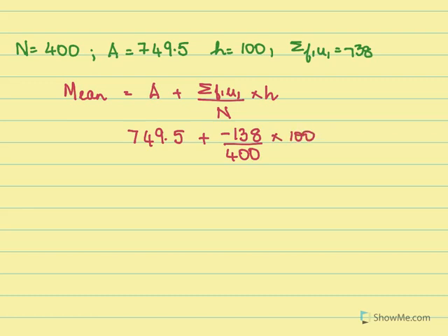So we'll have 749.5 minus 34.5, and this is equal to 715. So our mean here works out to be 715.